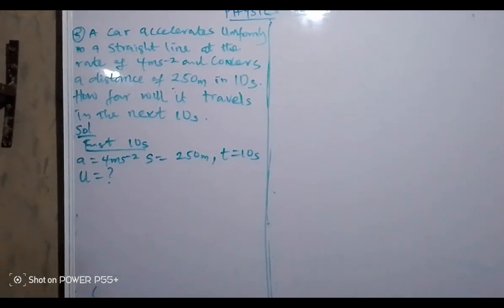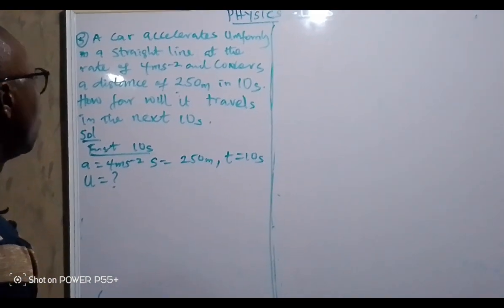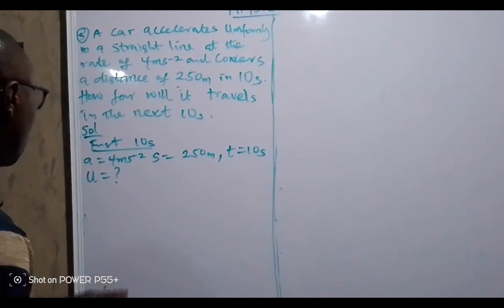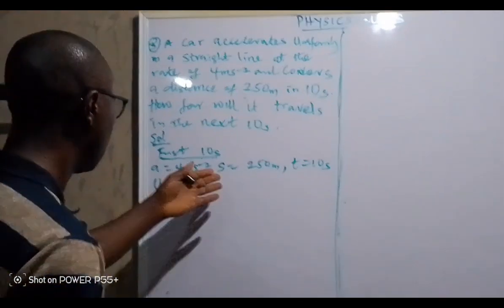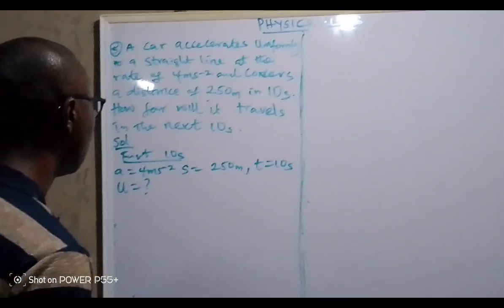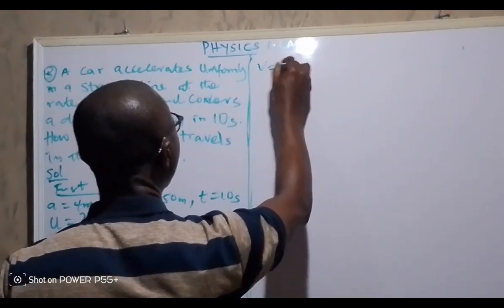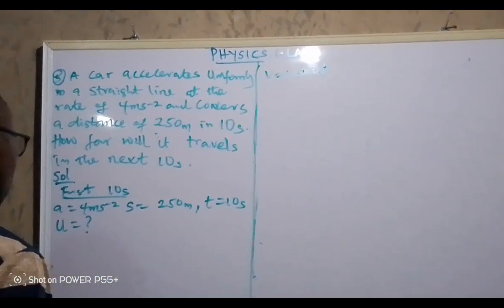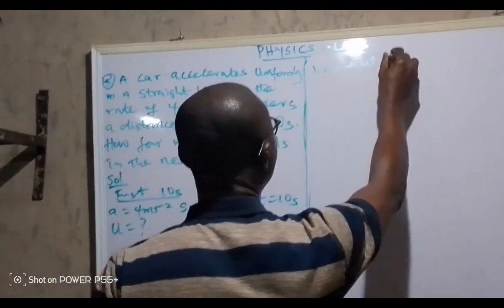Now, without wasting our time, if you write the four equations: equation 1, v is equal to u plus at. This one cannot work because v is not given.